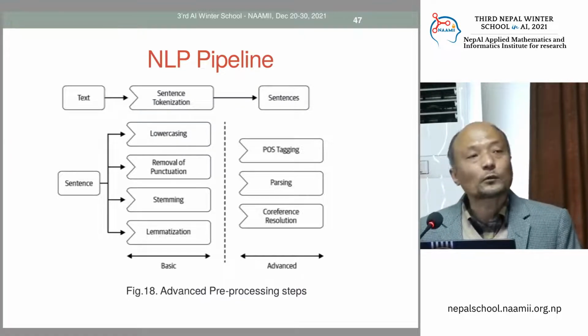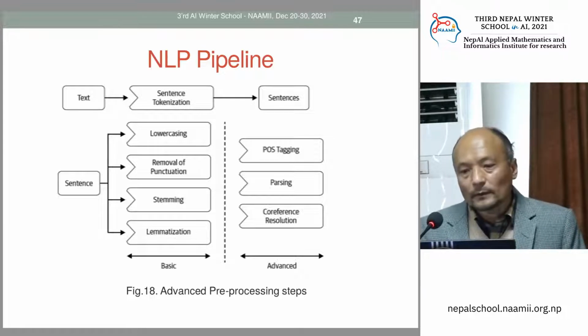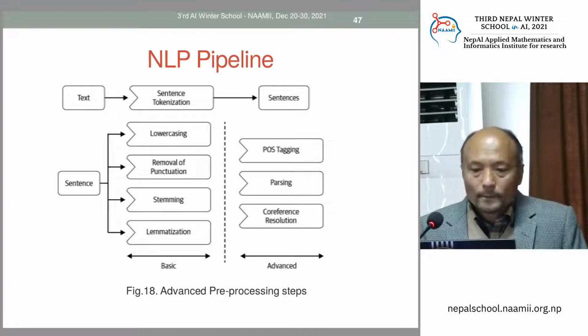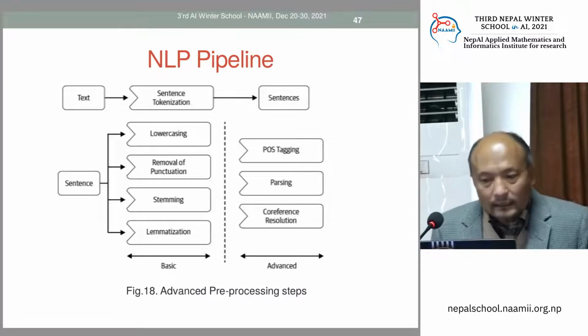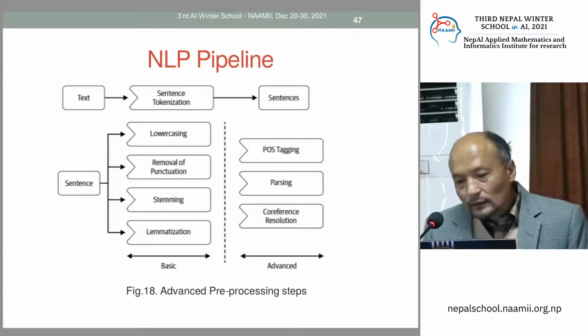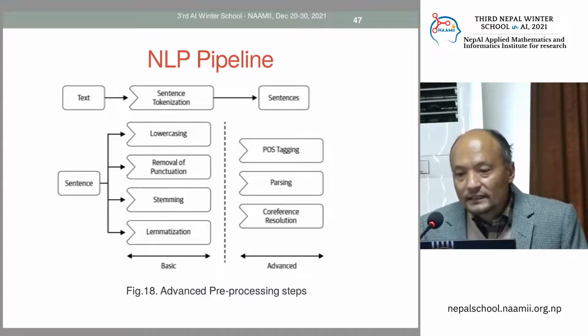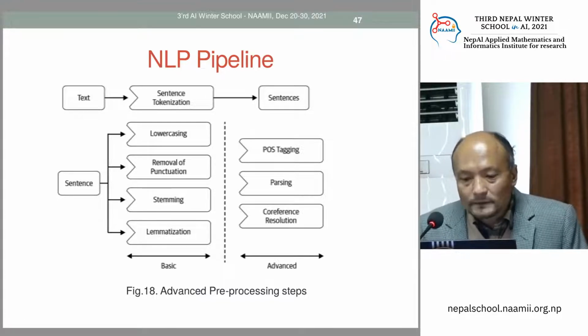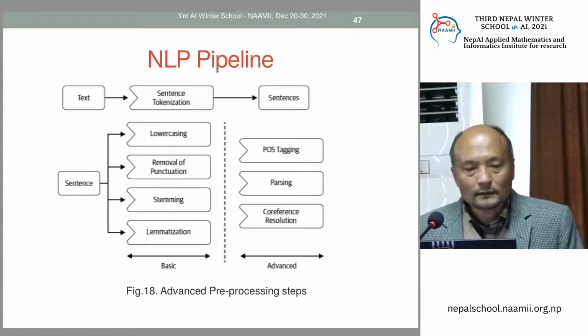These are the basic pre-processing operations depending on your specific problem. You could also employ parts of speech tagging, parsing, coreference resolution, among others. So these three steps are considered to be advanced pre-processing steps.